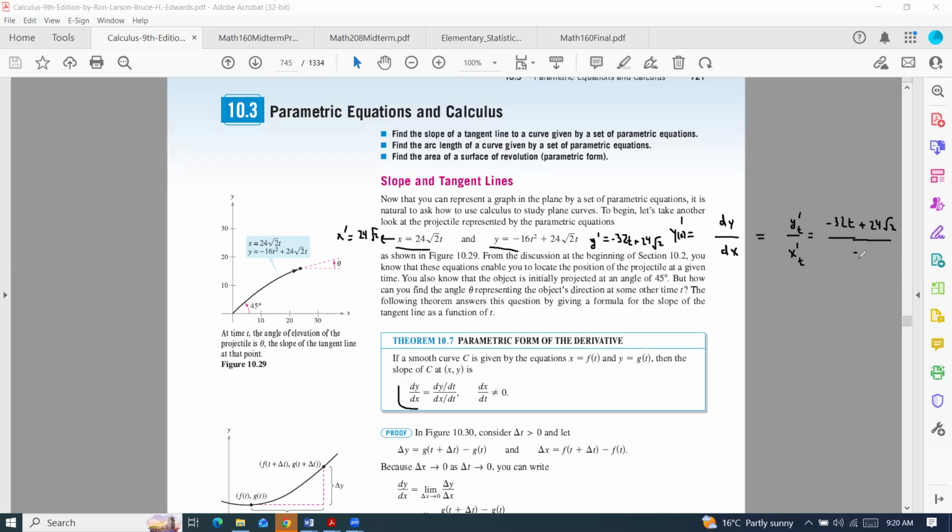So that's our derivative. You might say, Alex, you can probably simplify this a little bit if you factor 24 root 2 out of the numerator. Well, from here it's not going to be much fun because it's still going to be root of 2. So I would recommend you just leave it like that. So this is your derivative of the function.